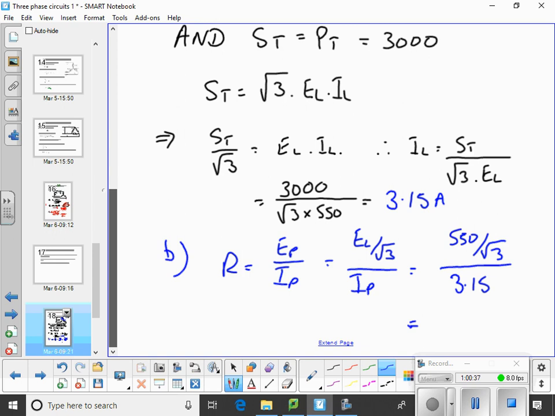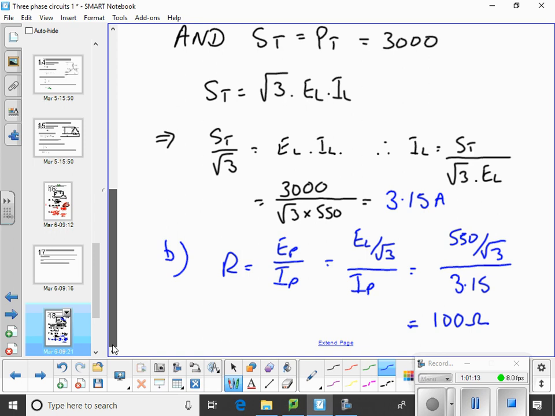I got 100 ohms anyway. Hopefully you get the same. Right, 100 ohms, yeah? So the last part of the question, remember that the 100 ohm per phase load draws a current of 3.15 amps.